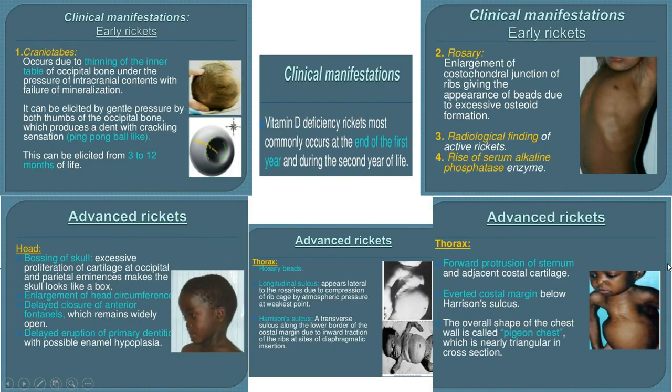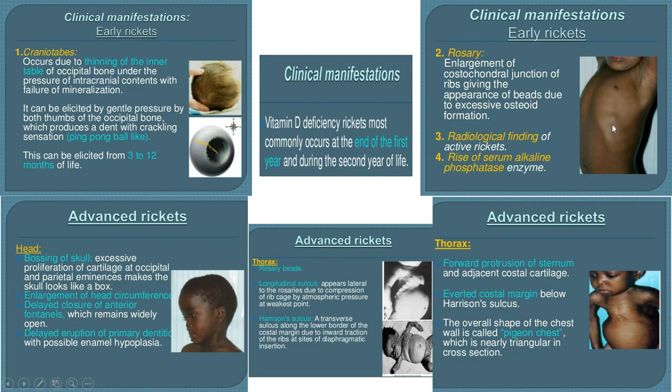Okay. Now a clinical feature of rickets is craniotabes. Craniotabes is like a ping pong ball, and it is a weakening of the calvarium, and there is also a weakening of the ribs. As a result, there will be enlargement of the costochondral junction that appears like a bead-like structure.